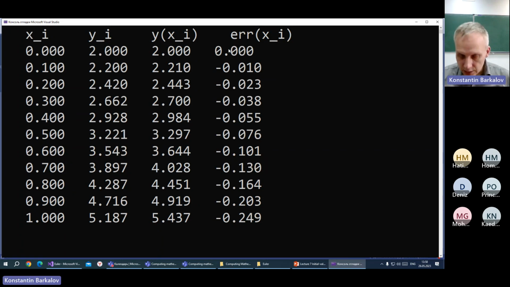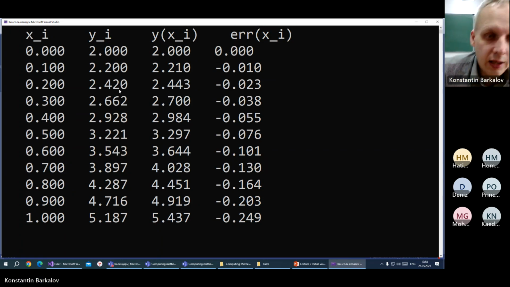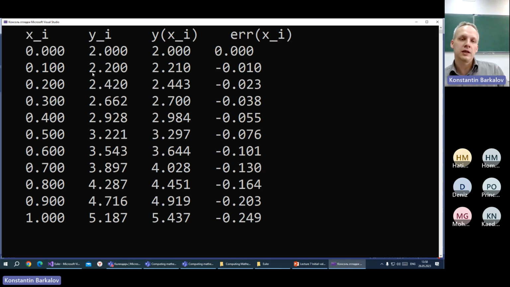The error is 0. And starting from the first point, this approximation will not be exact, and the error of approximation becomes larger, and larger. The final error is approximately 0.25.